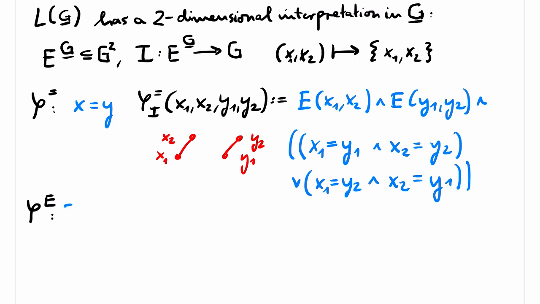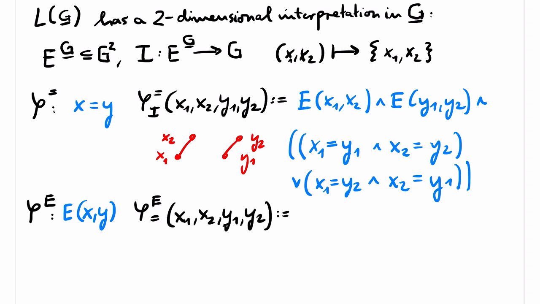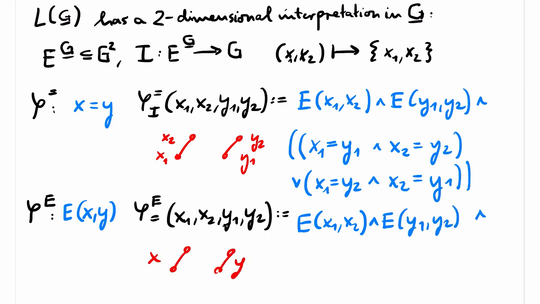For the atomic formula E(x,y), the interpreting formula again starts with formulas that assert that x1, x2 form an edge and y1, y2 form an edge. These two edges are adjacent in the line graph if they share a vertex, but are distinct. There are 4 possibilities for this, and these possibilities can be spelled out by first-order formulas.